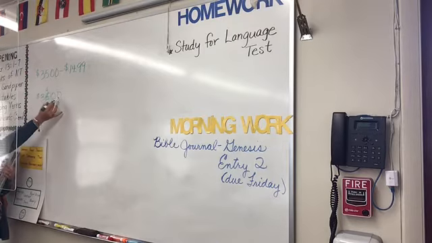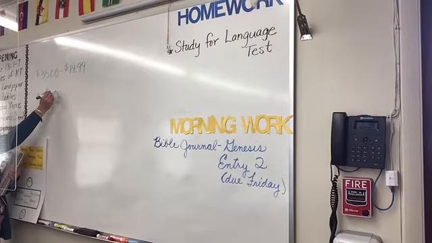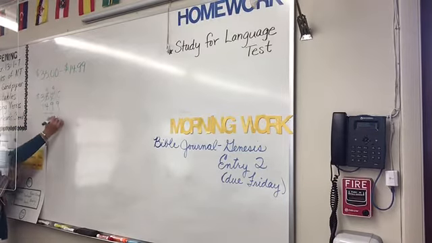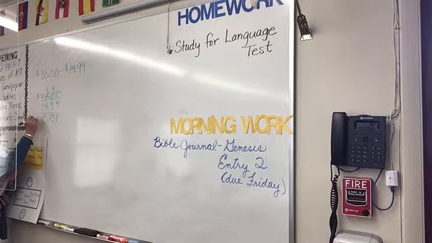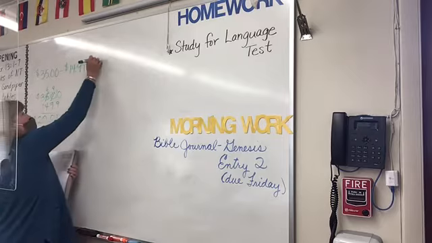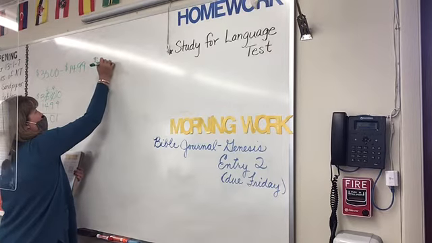But we still need to borrow again to help this 0. So borrow from the 10, make that a 9, and this is a 10. So what's 10 minus 9? 1. 9 minus 9? 0. 4 minus 4? 0. And 3 minus 2? 3 minus 1 is 2. So the answer is $20.01.